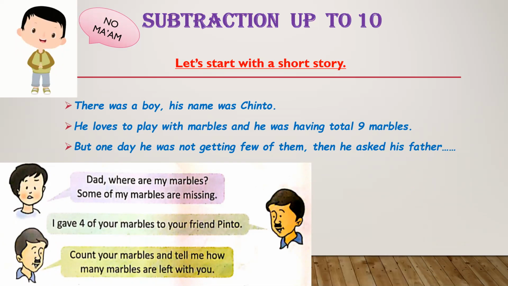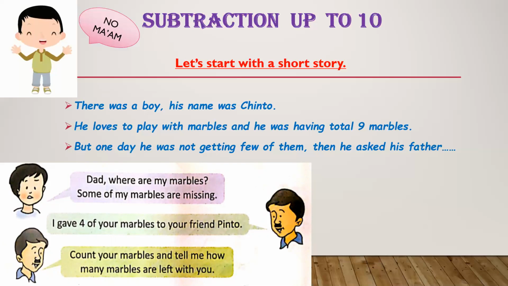Then he asked his father, Daddy, Daddy, where are my marbles? Some of my marbles are missing. His father replied, I gave 4 of your marbles to your friend Pintu. Now count your marbles and tell me how many marbles are left with you.